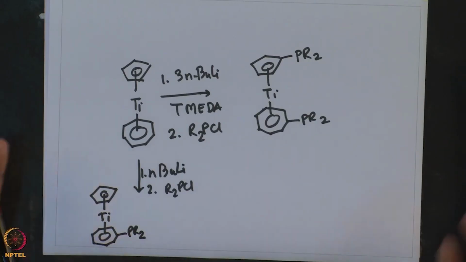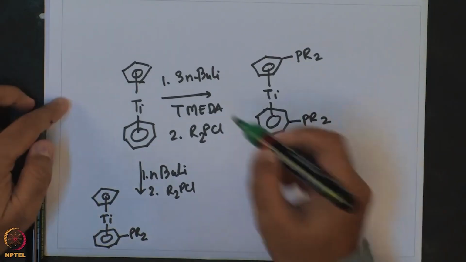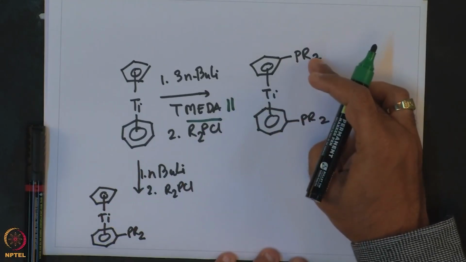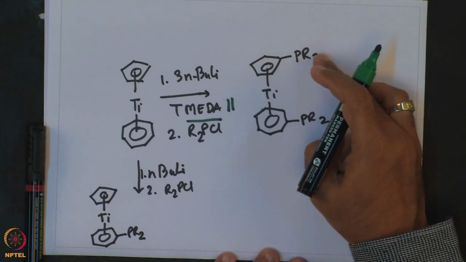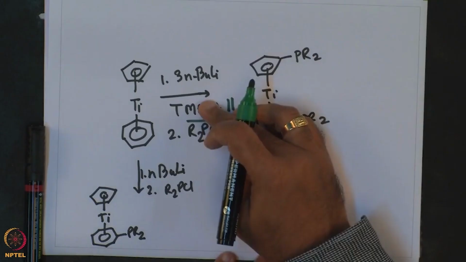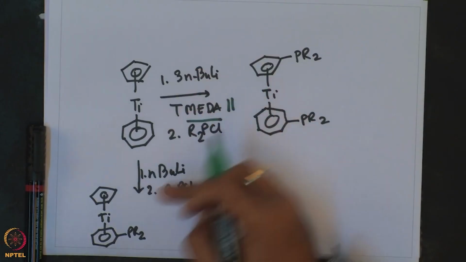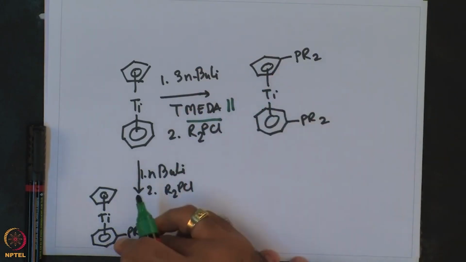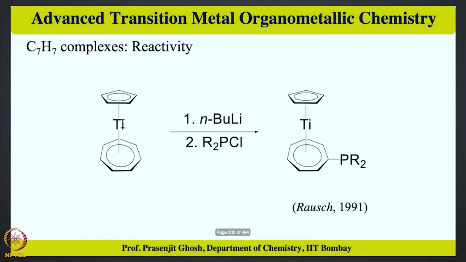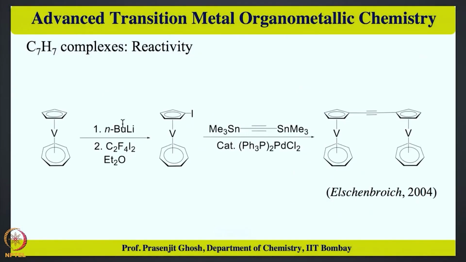So, the difference lies in the harsher conditions, TMEDA, that leads to dilithiation, subsequently resulting in phosphonation of both of the rings. In the absence of TMEDA, if one gives the same reagent, one sees the lithiation happening at only one of the rings, and this ring is not the C7H7 ring, but the C5H5 cyclopentadienyl ring.